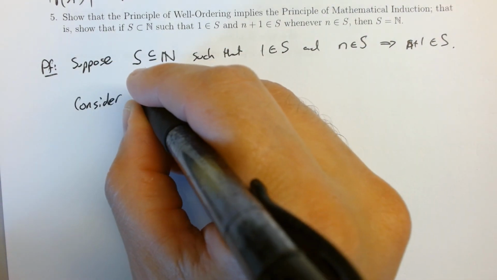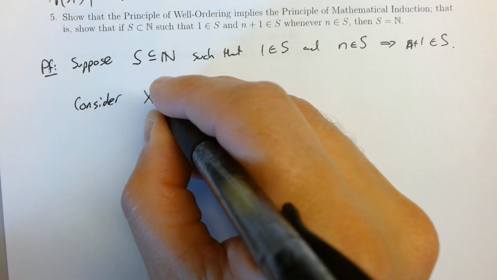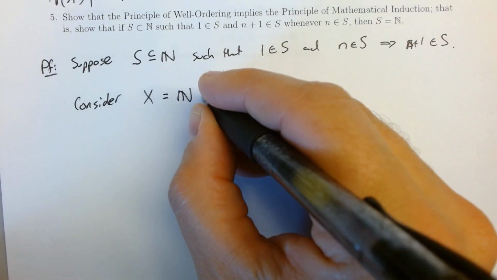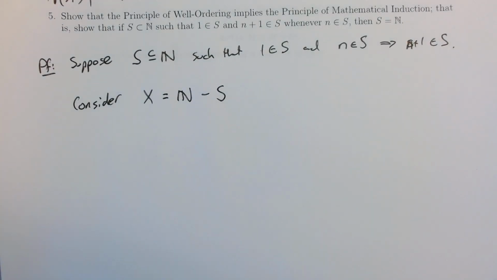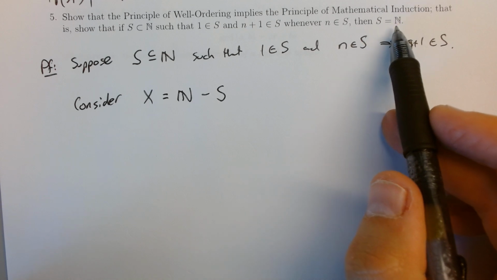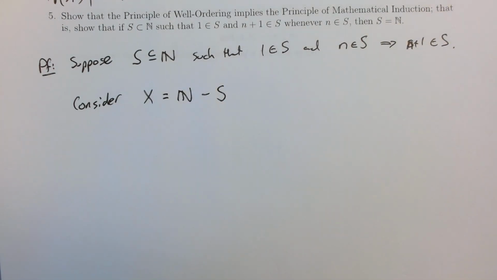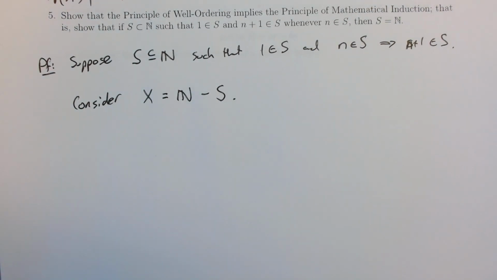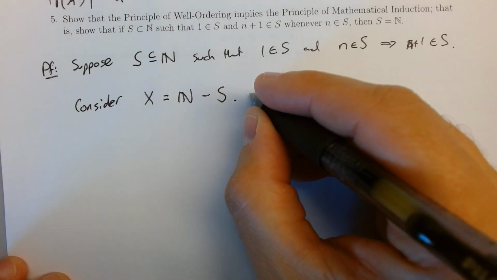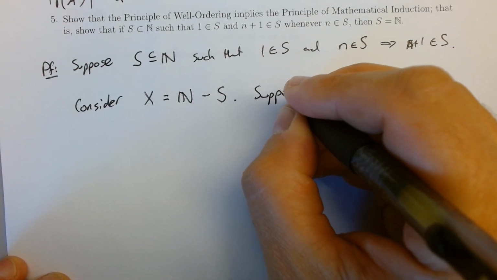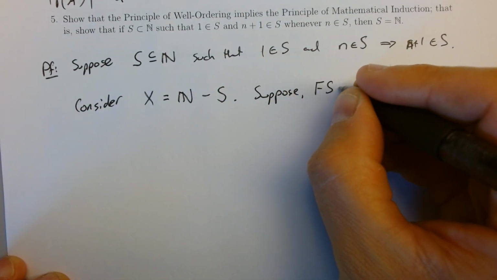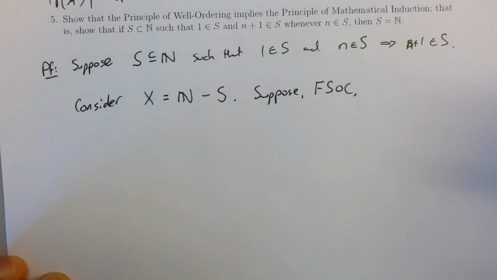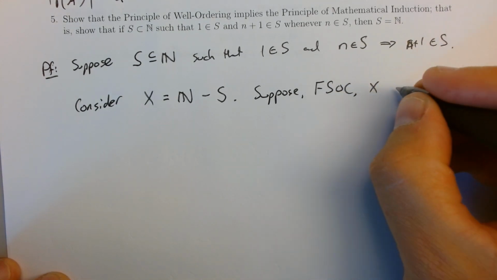So consider X, what you would get if you take all the natural numbers and subtract out S. Since we're trying to show that they're actually equal, this subtraction should be nothing. This should be the empty set. So X should be empty. But for the sake of contradiction, let's suppose X is non-empty.